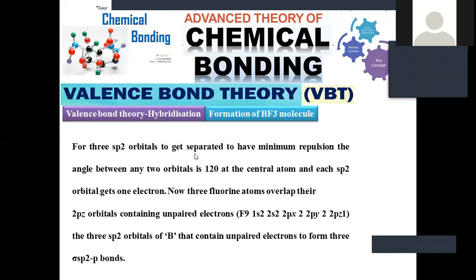Now, 3 sp2 hybridized orbitals get separated to have the minimum repulsive forces. That minimum repulsion is afforded by taking a 120 degree bond angle with respect to the central atom boron.